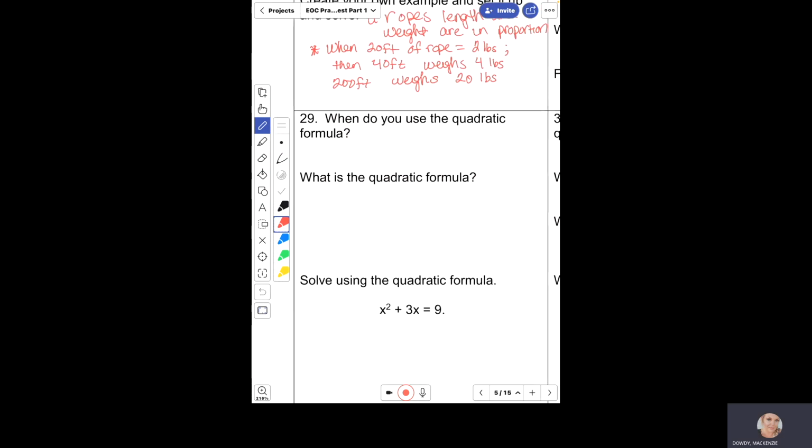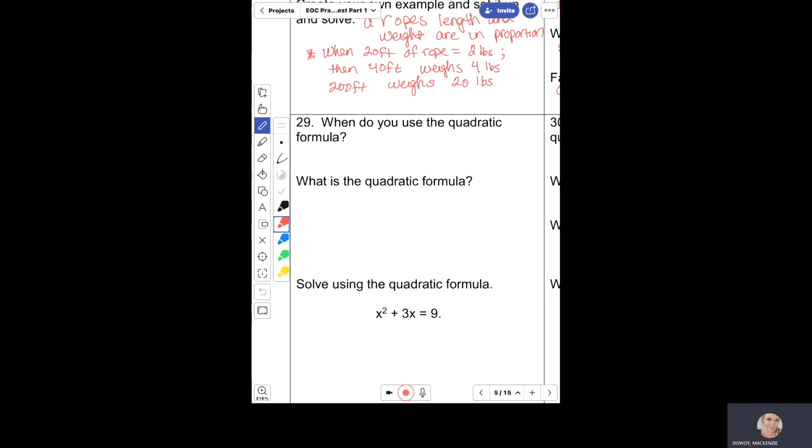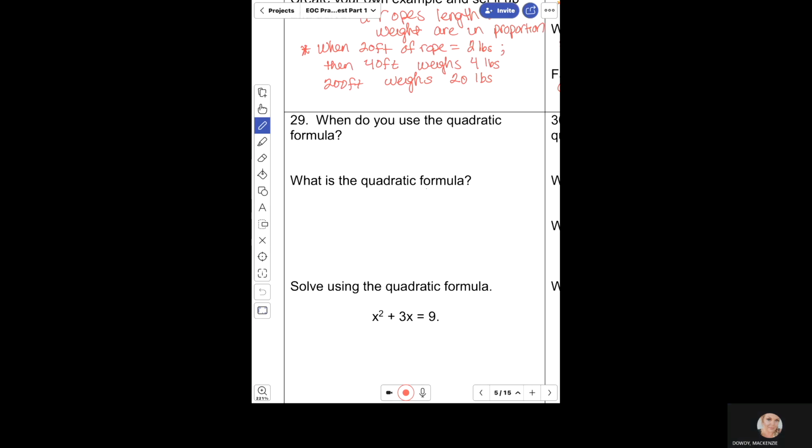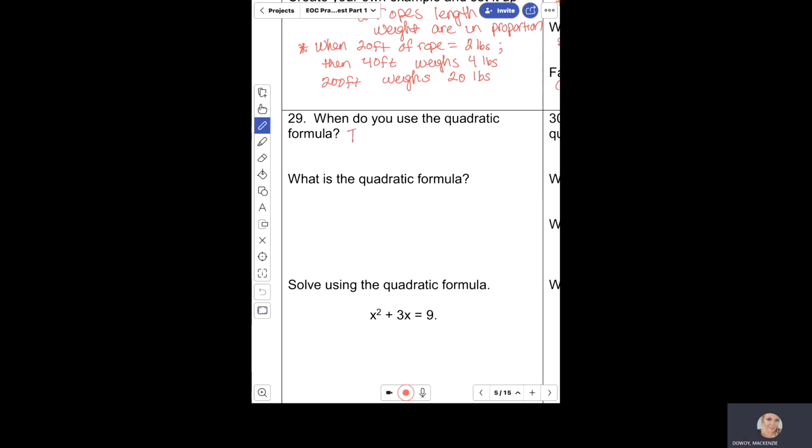Number 29. When do you use the quadratic formula? To find the values of x, the x values.